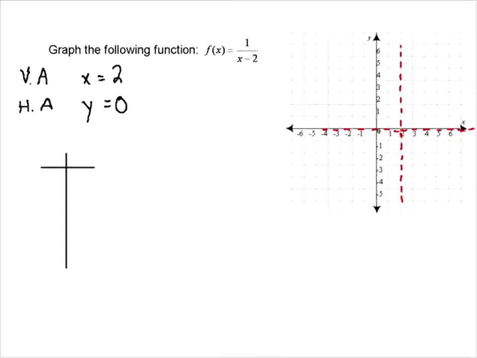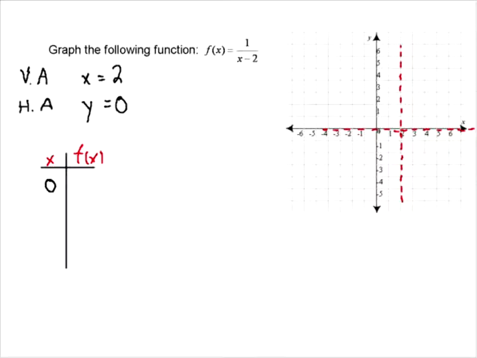Again, we're just going to pick values that make sense here. So let's pick x values and f of x. Let's determine the y-intercept. That's where x is going to equal 0.